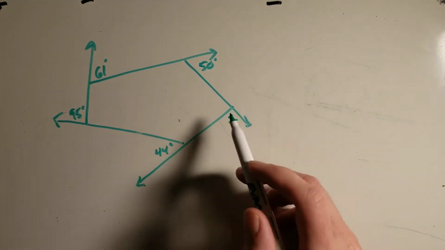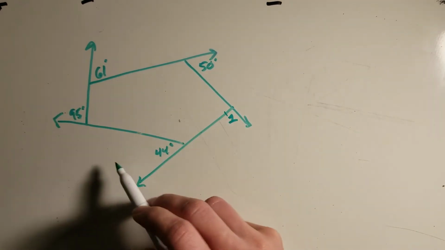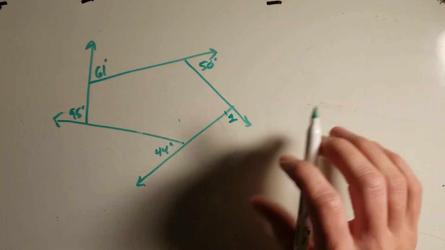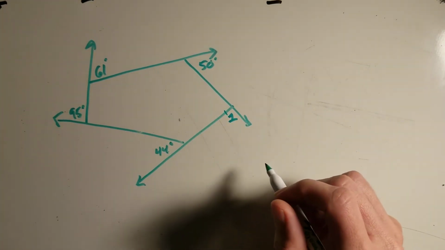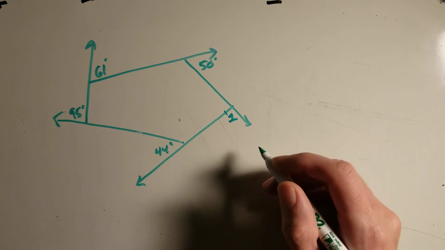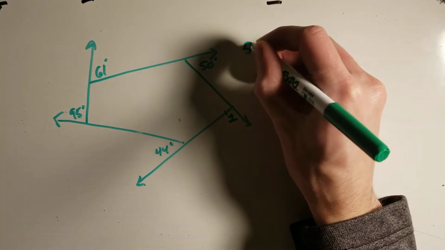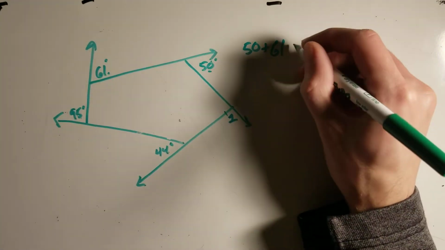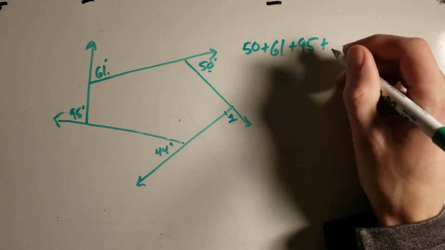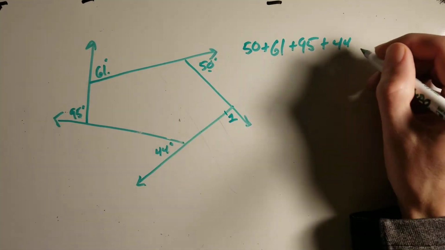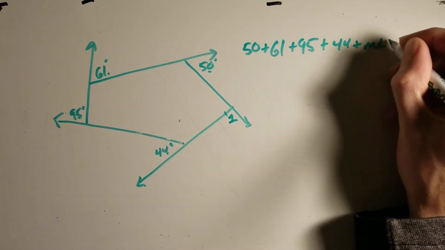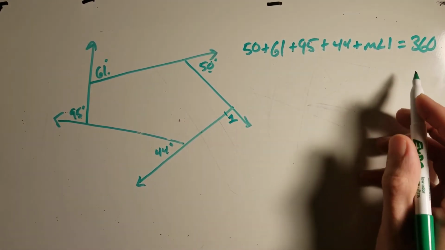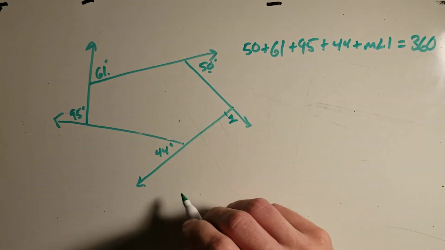If we look, we'll notice we're given all exterior angles, and the relationship that we know is that in any polygon, the exterior angles add up to 360. So we can simply say 50 plus 61 plus 95 plus 44 plus the measure of angle 1 equals 360, because that's the special relationship with exterior angles.